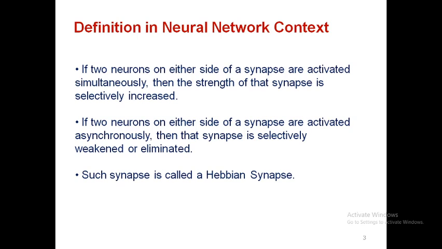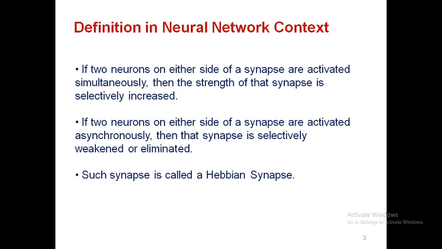If two neurons on either side of a synapse, the connection link between one neuron and another, are activated simultaneously, then the strength of that synapse is selectively increased. In networks also, there are two nodes and a connection link.